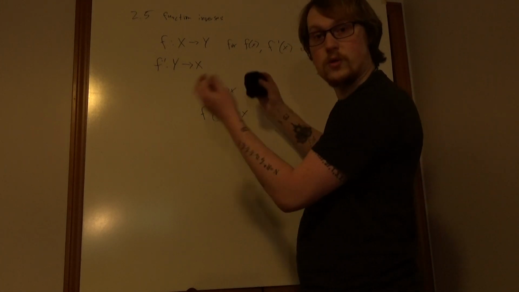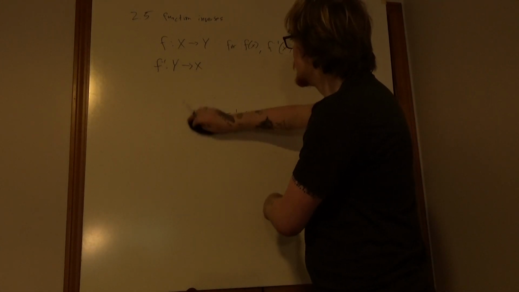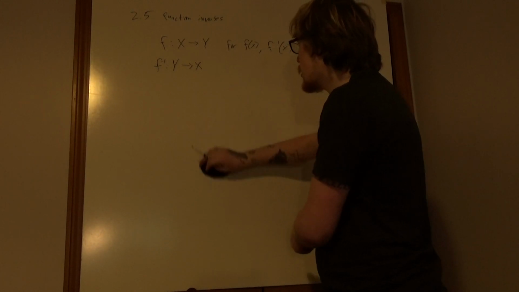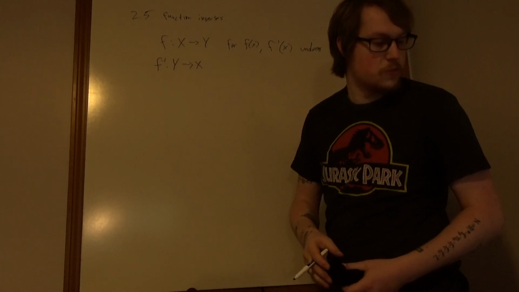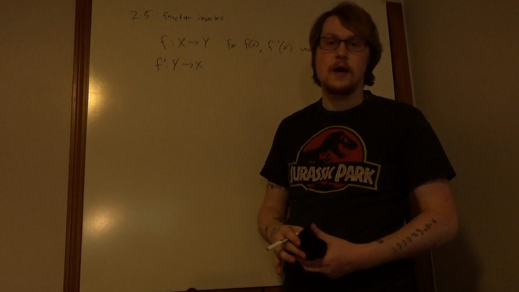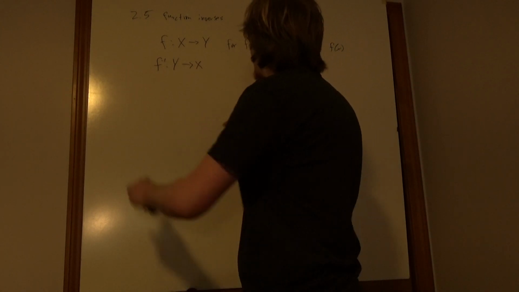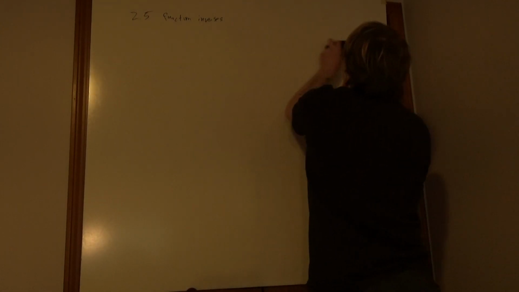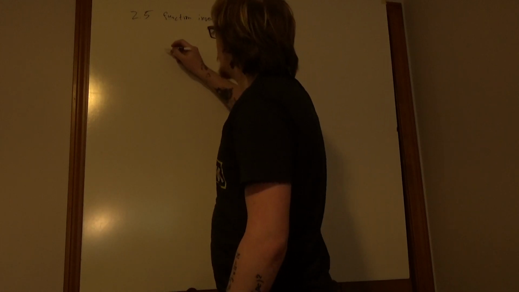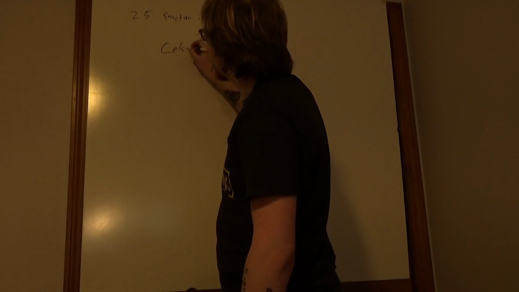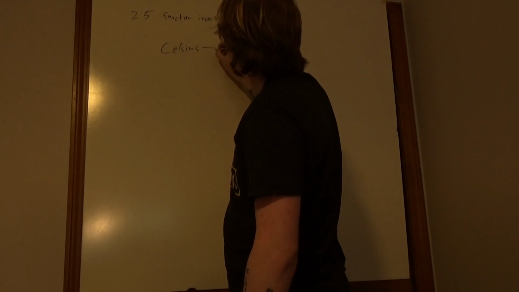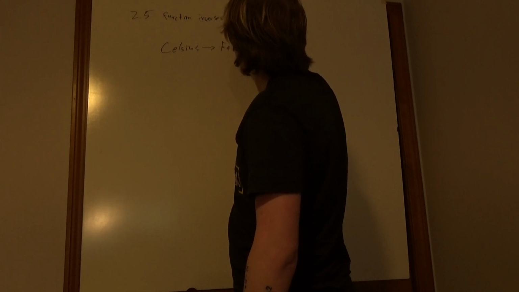I kind of just pulled this out of nowhere because it's really easy to see what the inverse for that one is going to be, but this next example is going to be slightly more involved, and we're going to be looking at Celsius to Fahrenheit.